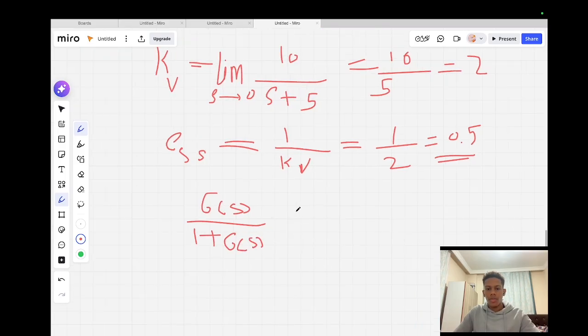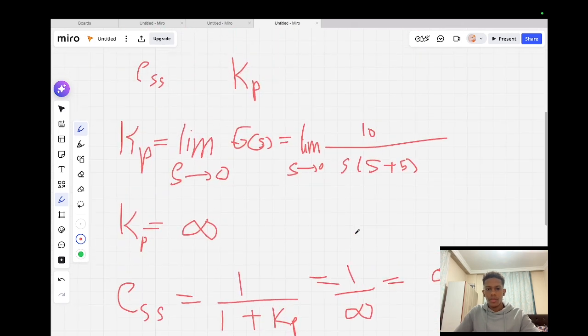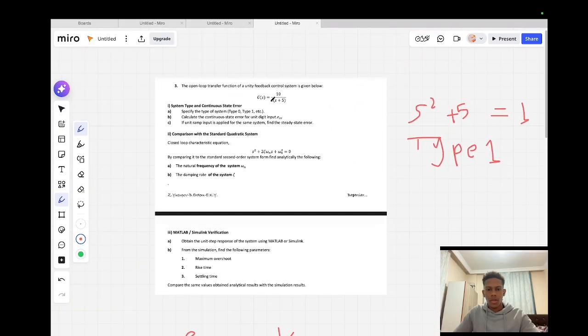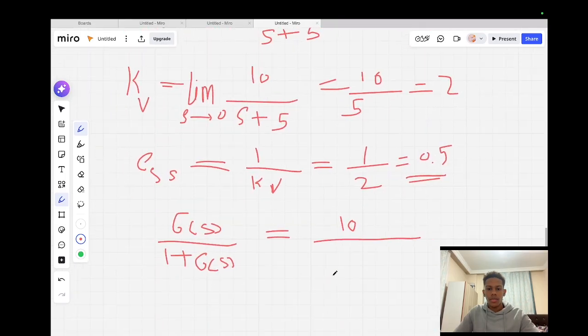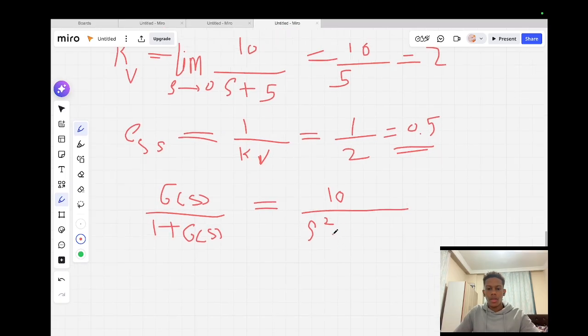So it's equal to 10 over s square plus 5s plus 10.